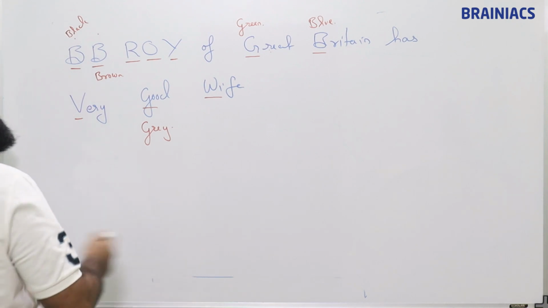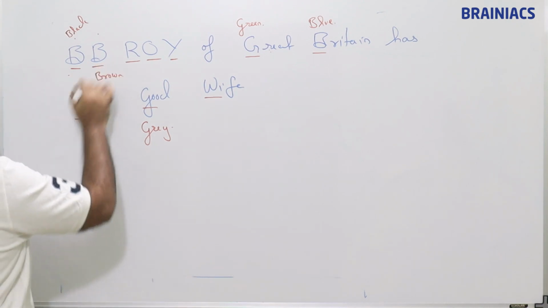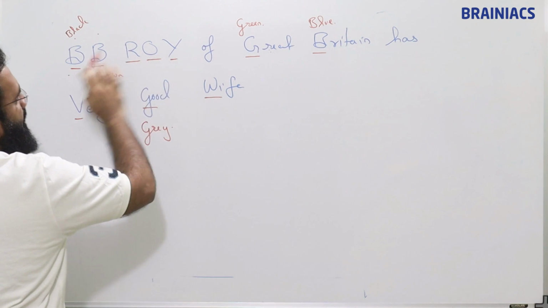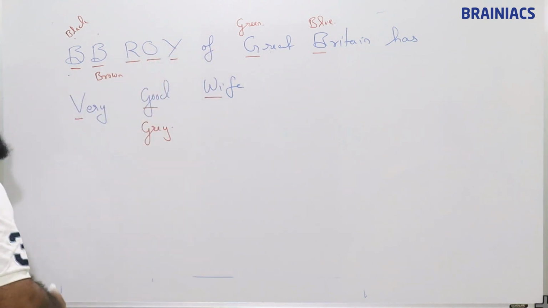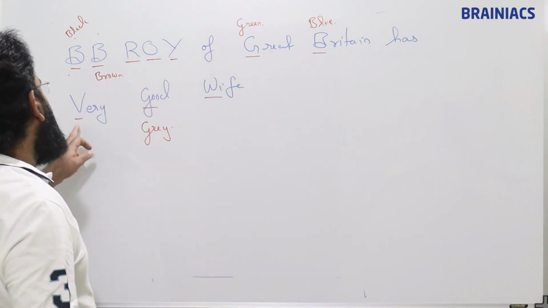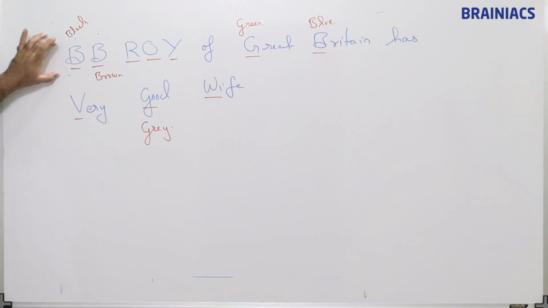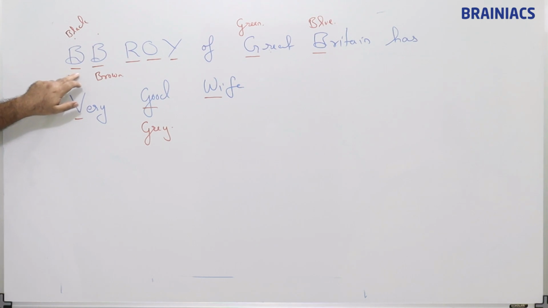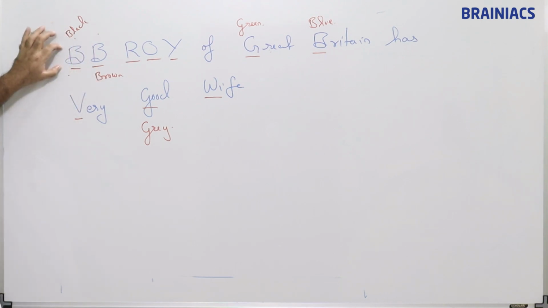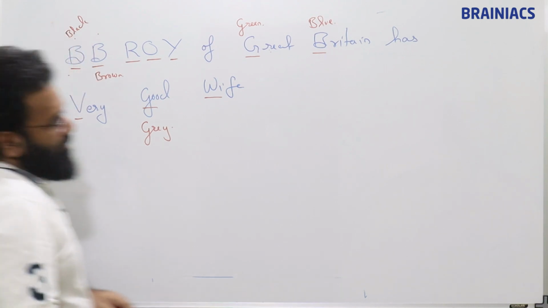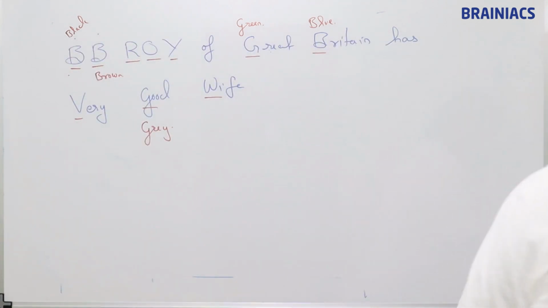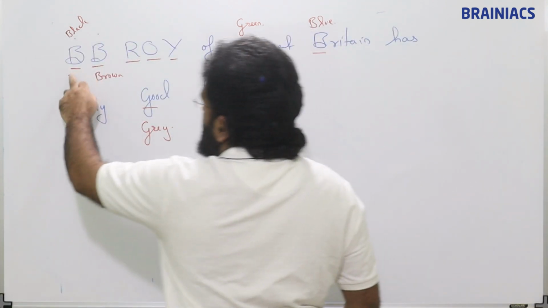Remaining ones will not cause any confusion: black, brown, red, orange, yellow, and violet, white. So wherever duplications are there, same letters, I have mentioned them. Just remember these things and do not make mistakes here.